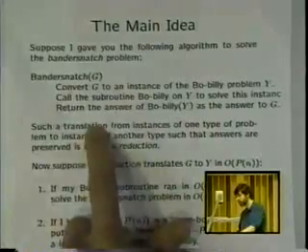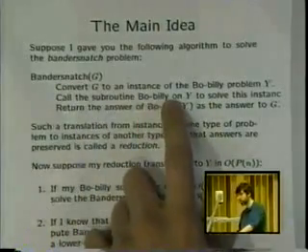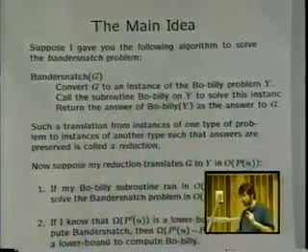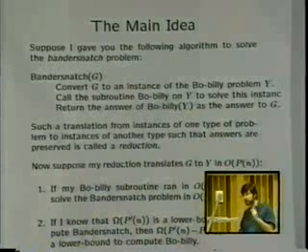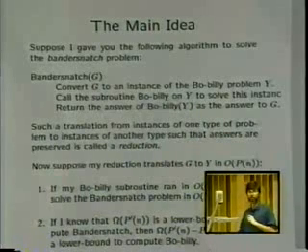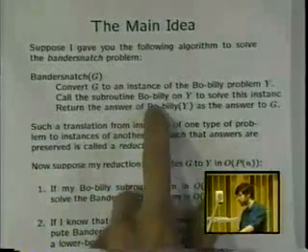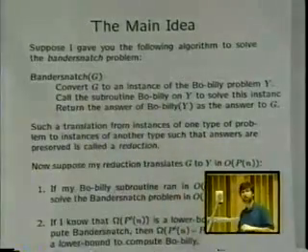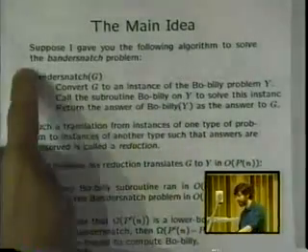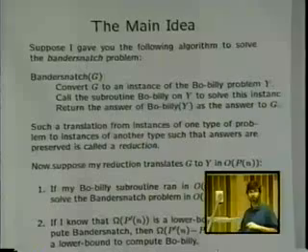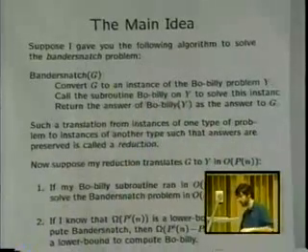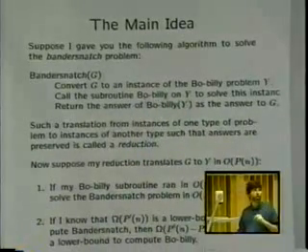If mobility could be solved quickly, that means Bandersnatch could be solved quickly. Therefore, mobility cannot be solved quickly. That's how we're proving hardness.